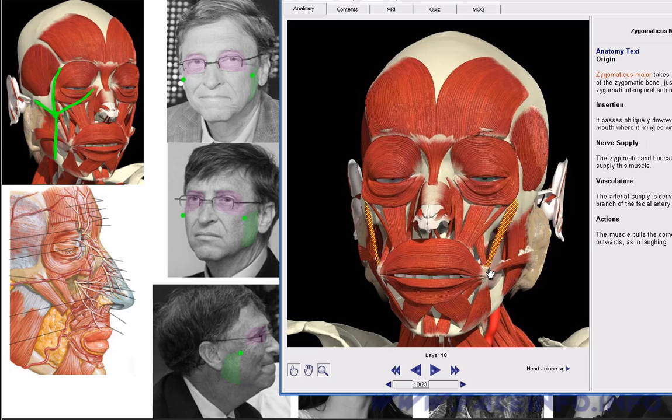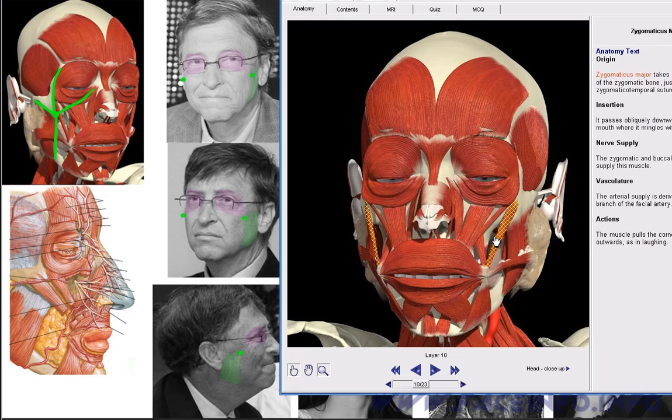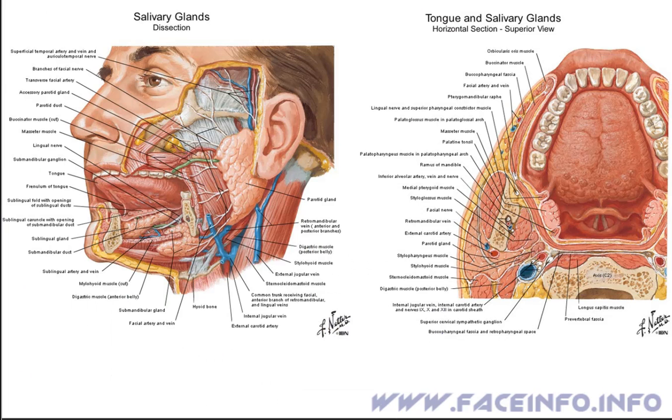So in general, the better all of these muscles are developed, and the thicker the layer of fibrofatty tissue under the skin in this area, the bigger this volume is.